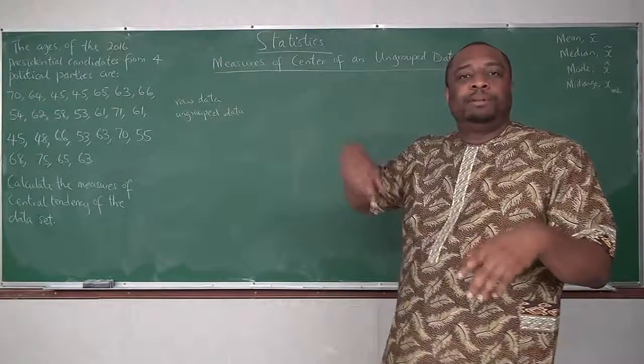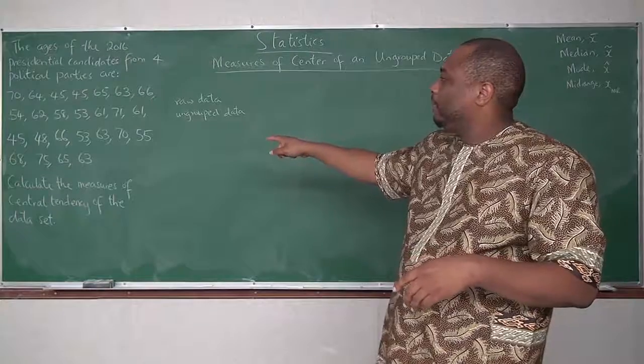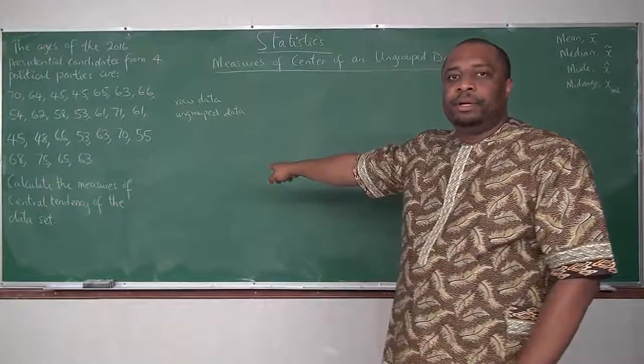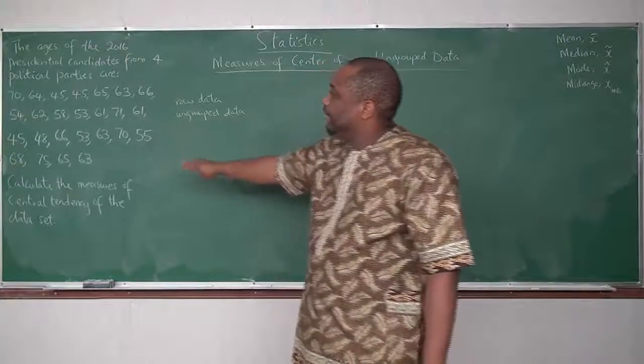Then you have 2 from the Libertarian, 2 from the Green Party. Okay, so that's 25. So you look at these ages here.